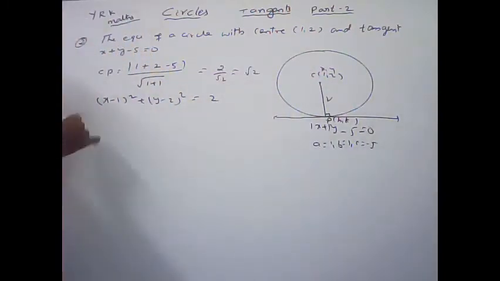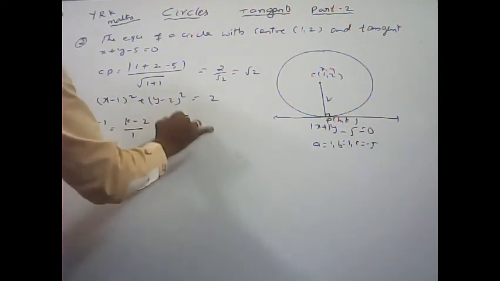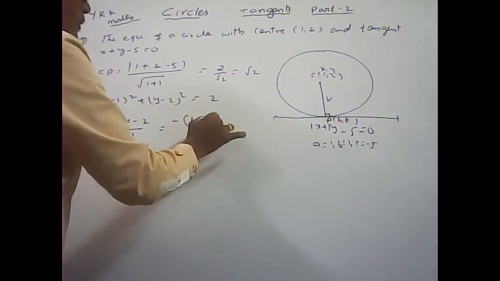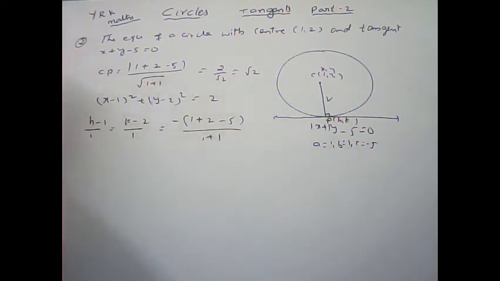The foot of the perpendicular formula: (h minus x1) by a equals (k minus y1) by b, that is equal to minus of (a x1 plus b y1 plus c) by (a square plus b square).